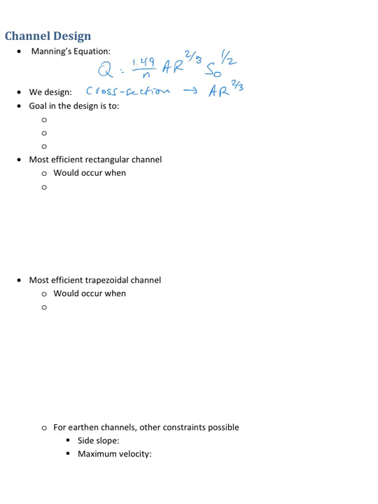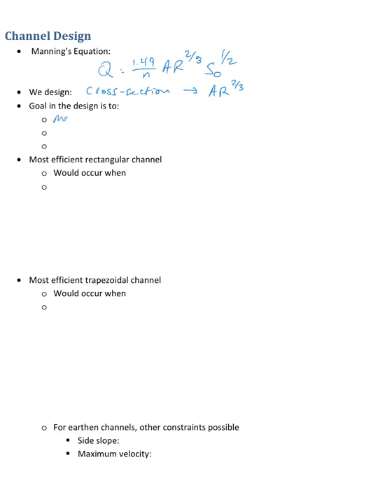So our goal in the design is, we have a given Q, but really we're trying to build our channel as small as possible to convey that Q. The assumption is the bigger the channel is, the more we have to excavate, or the more we have to construct, the more expensive it's going to be. And so we'd like to minimize the size of the channel, but still be able to convey the flow rate we need within that size.